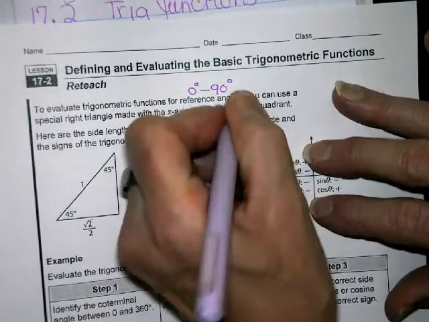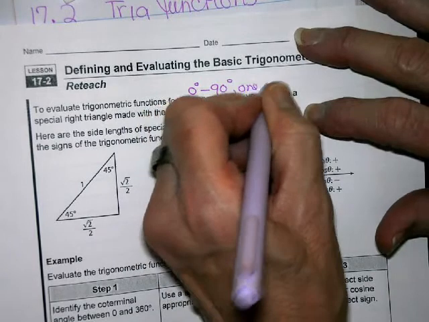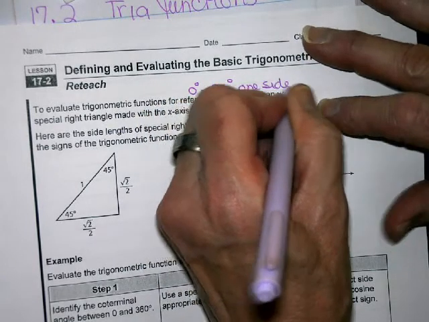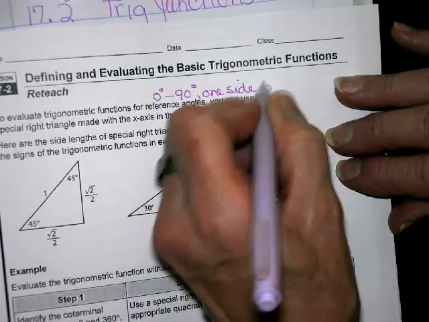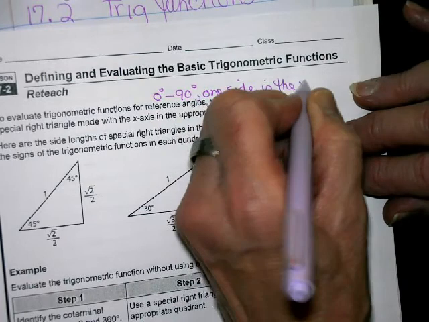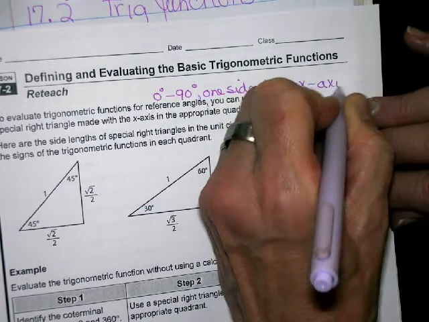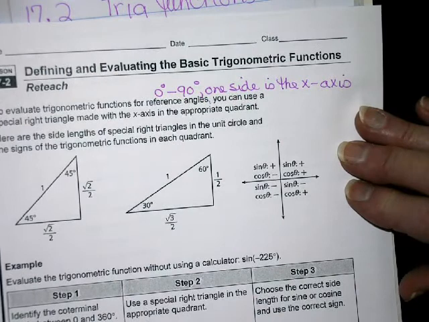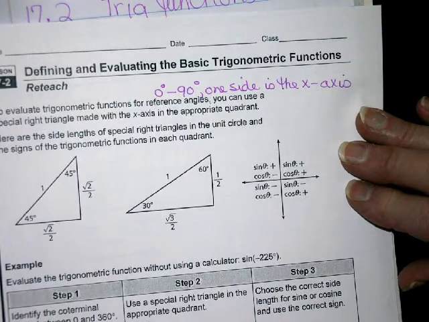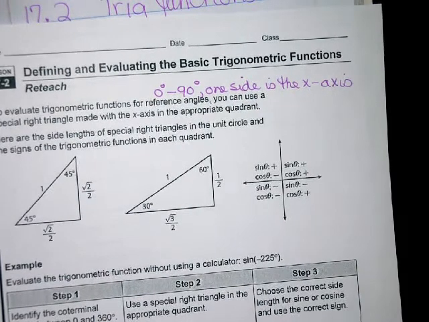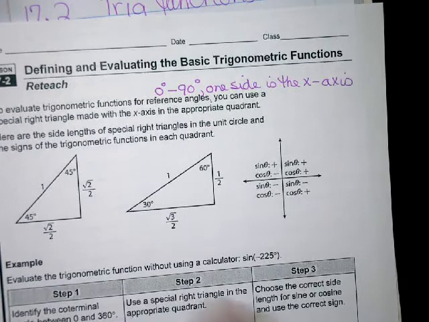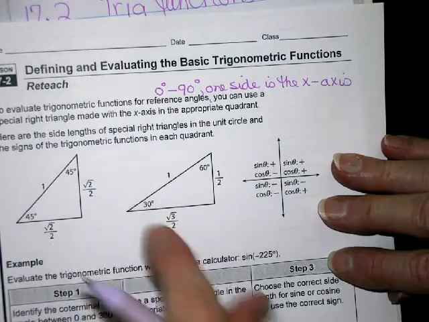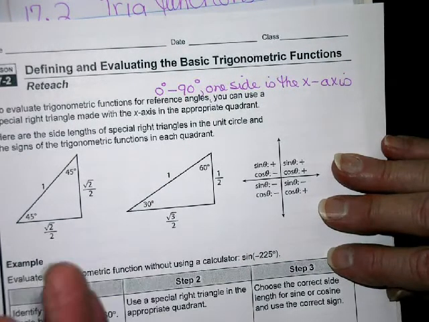And one side is always the x-axis. That's the definition of a reference angle. Okay, so why do they have to define such a thing? It's because, remember, I could have an angle of 1,000 degrees.